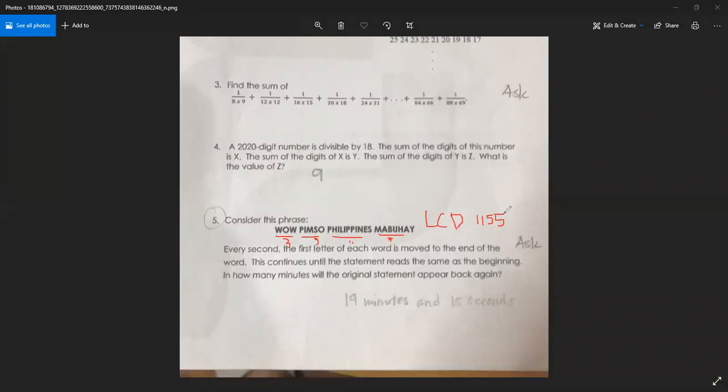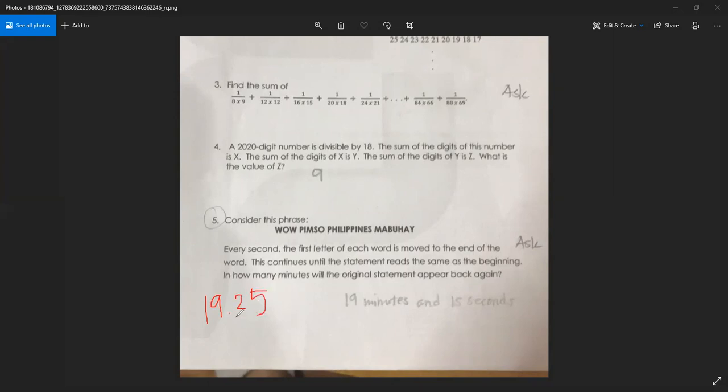Wait lang. You're correct. You're correct for number 5 pala, because I'm thinking of 19.25. So yeah, you're correct. Nothing to worry about for number 5, okay? The answer in the answer key is actually 19.25.